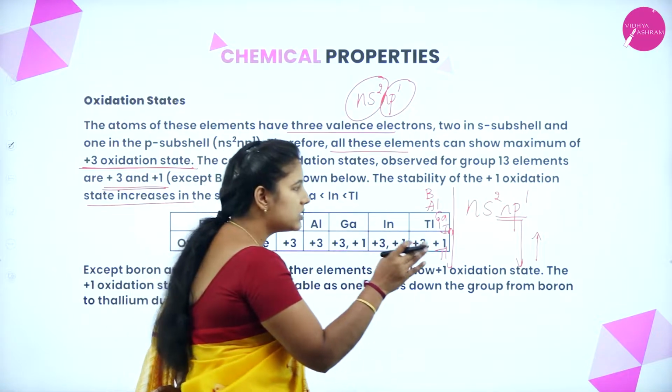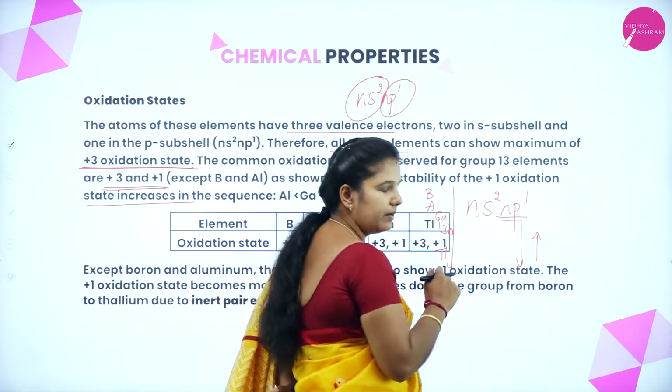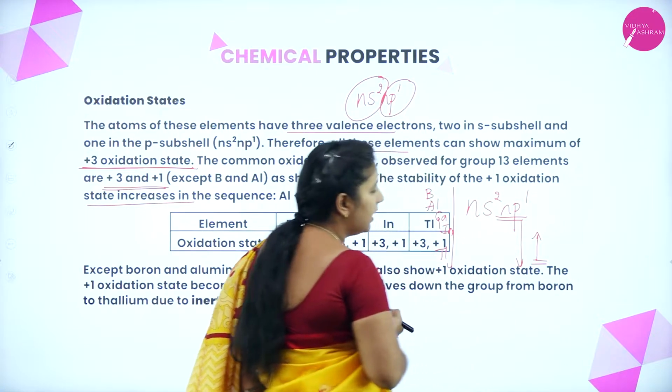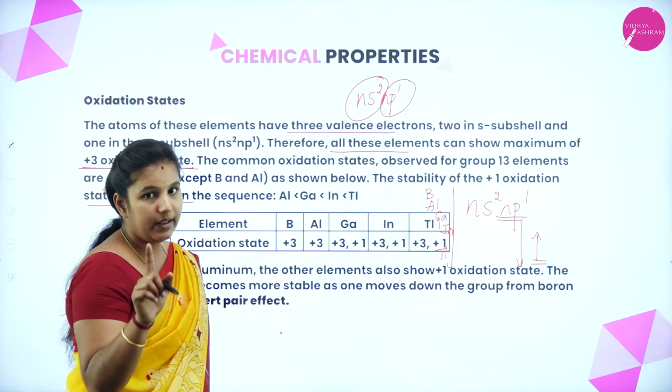Since the last electrons are added to the np, that is to the p orbital, the stability of the +1 oxidation state increases.